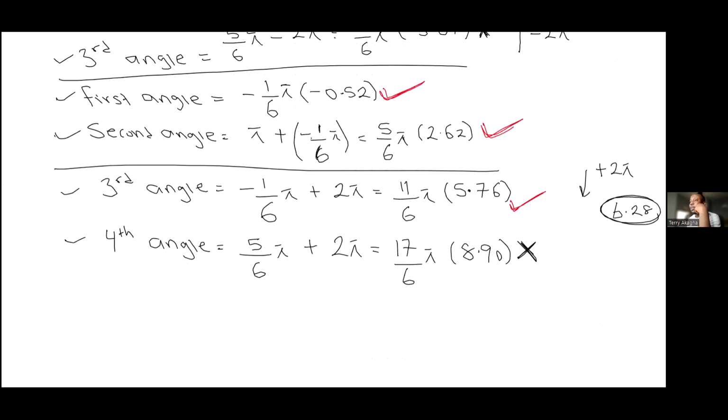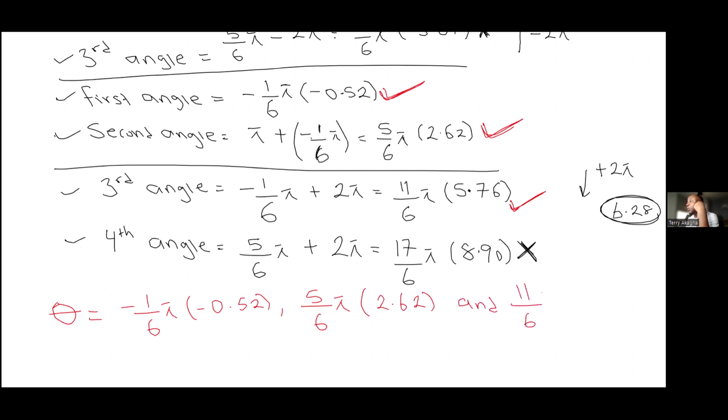The answers for theta are going to be minus 1 over 6 pi, or if you are writing it in decimal, it'll be minus 0.52, or you can say 5 over 6 pi, and if you're writing it in decimals, it's going to be around 2.62, and 11 over 6 pi, and if you're writing it in decimal, it's going to be 5.76. And those are the answers we have.